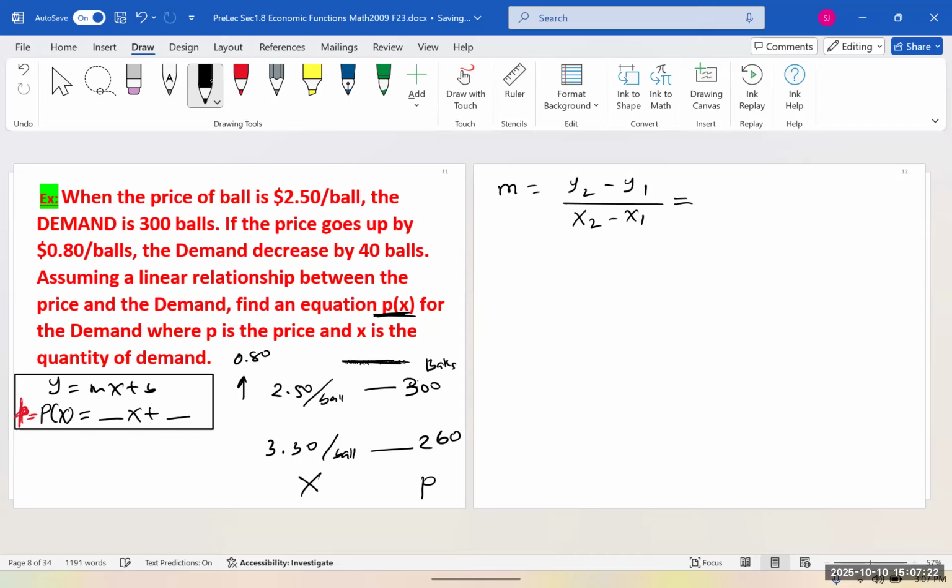So 260 minus 300 over $3.30 minus $2.50. When you do the math, this is negative 40, and this should be 80 cents.